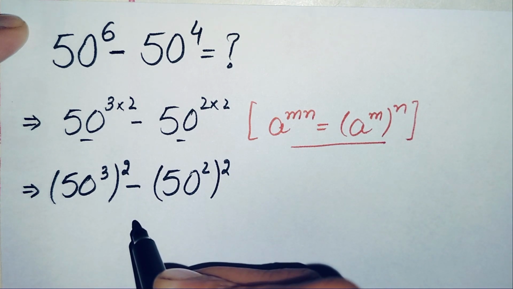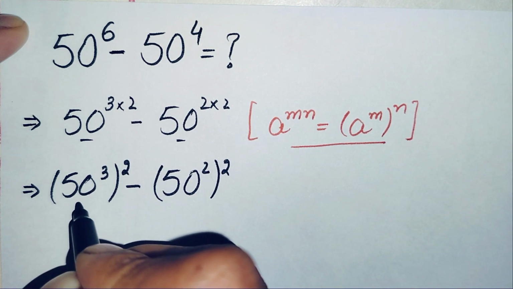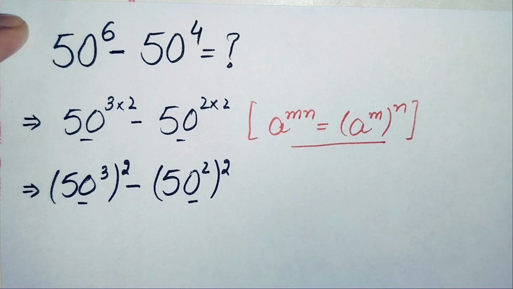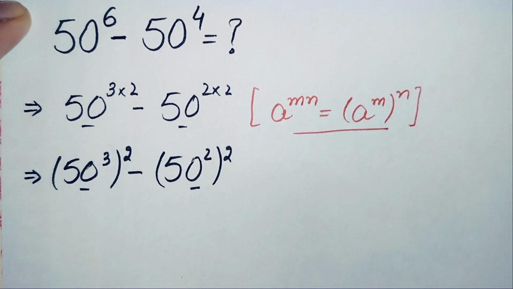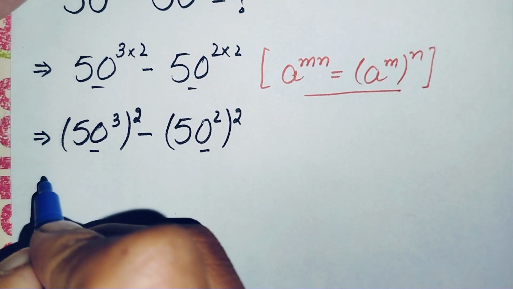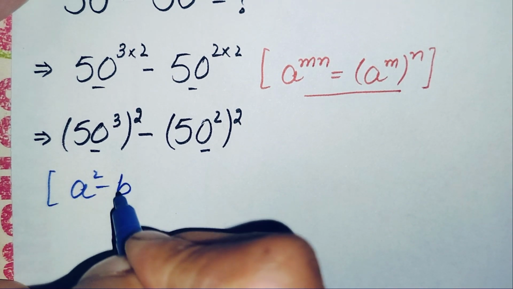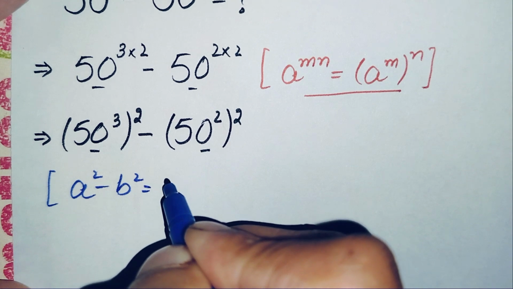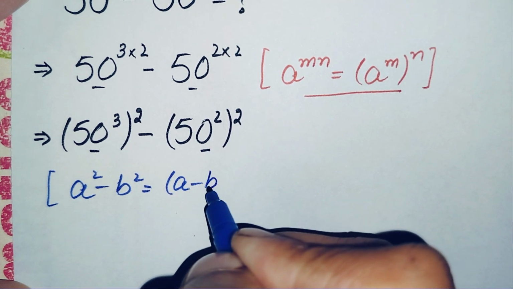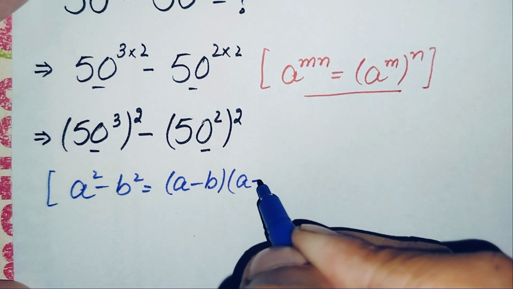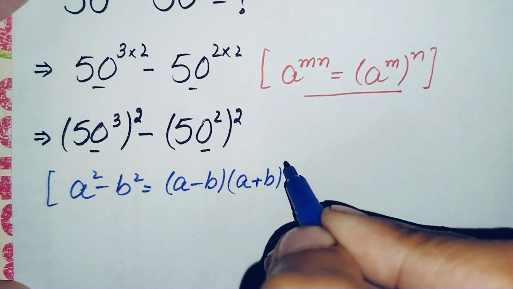Now in this equation we will use an algebraic identity, the a square minus b square identity. So here we will use this identity, a square minus b square, which is equal to a minus b times a plus b.